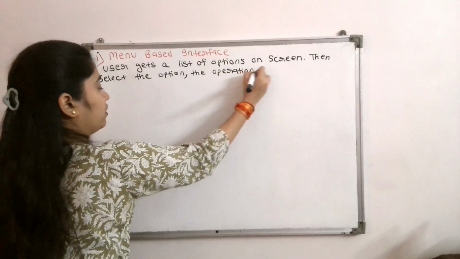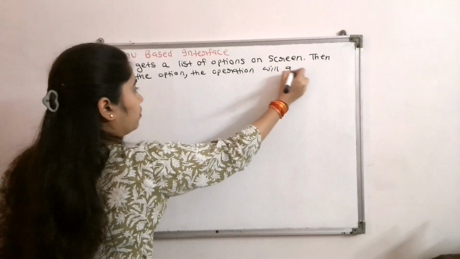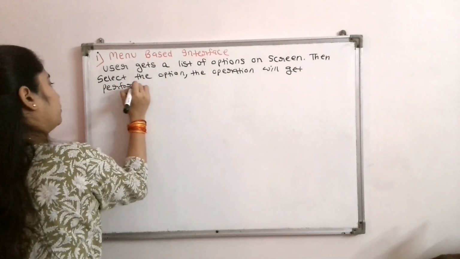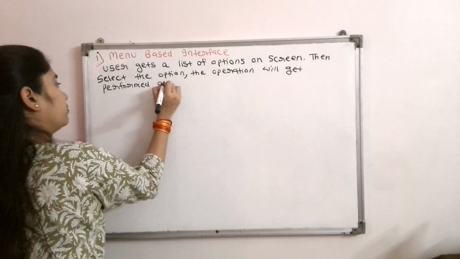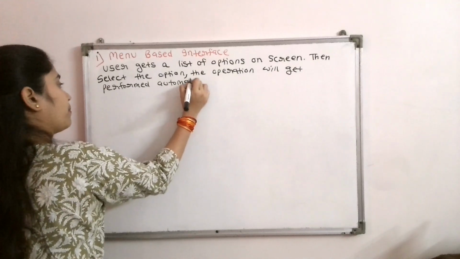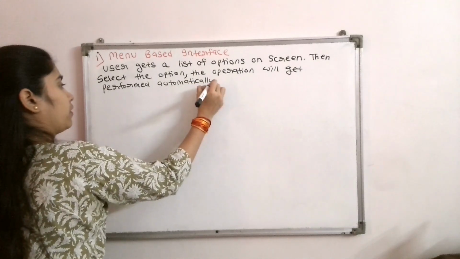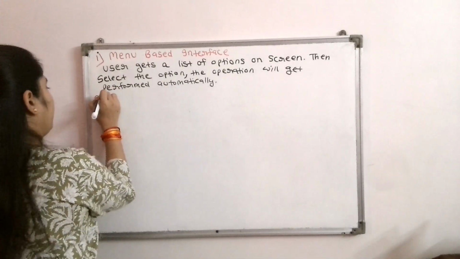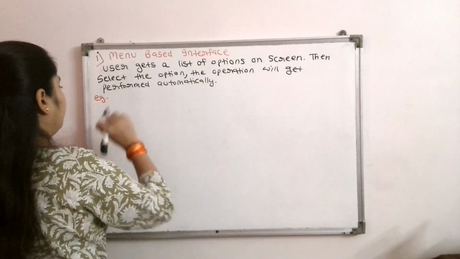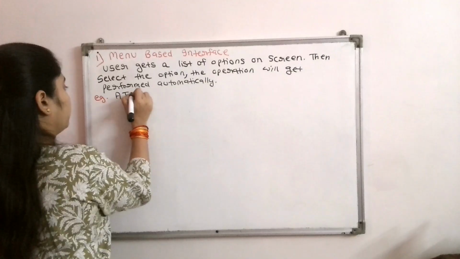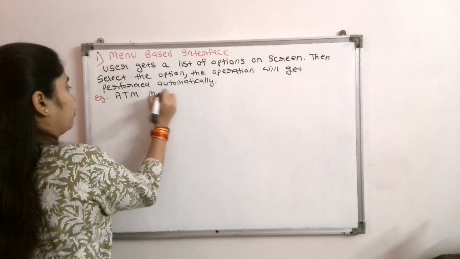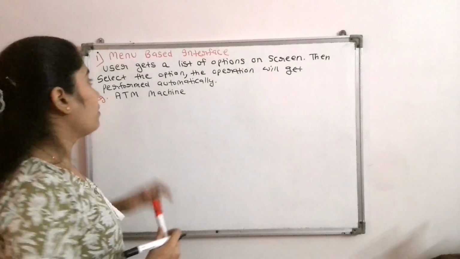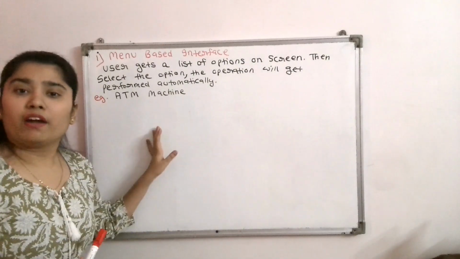The operation will get performed automatically. We have seen the example, which is the ATM machine. Let's write the example: ATM machine. I have explained the example also. So this is the first type of interfaces.